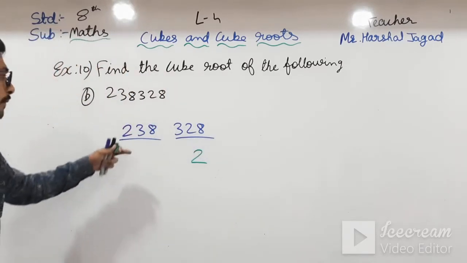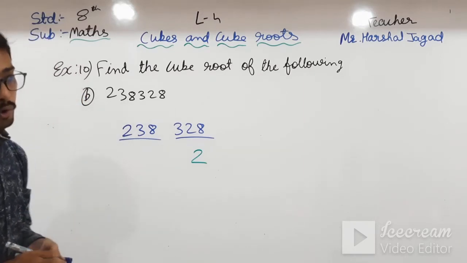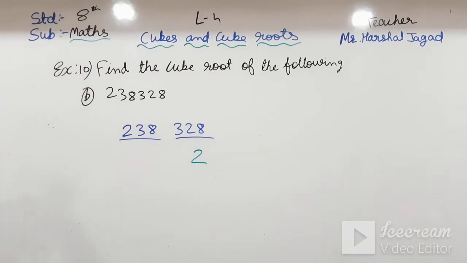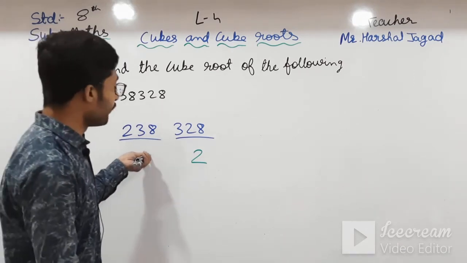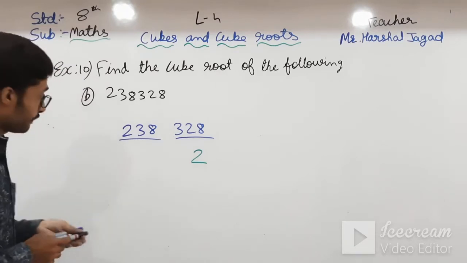Okay students, now find out this second group. What we have to do? The largest cubic number less than 238 is 6.